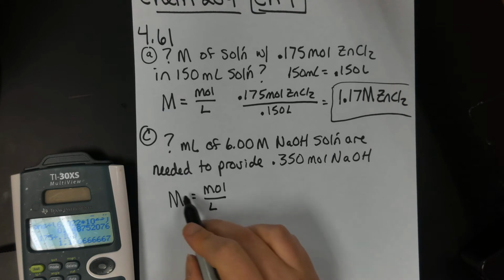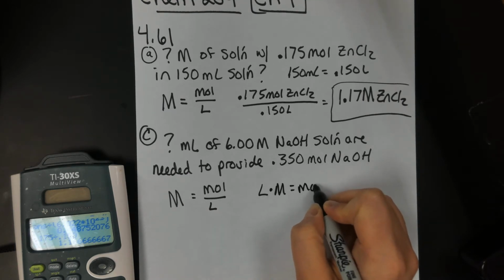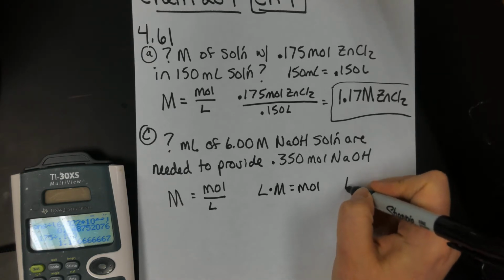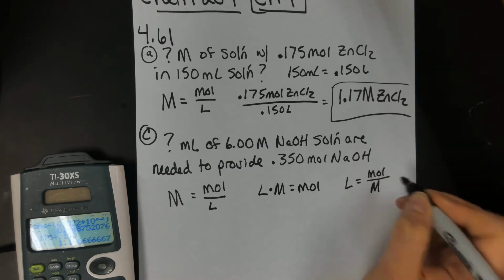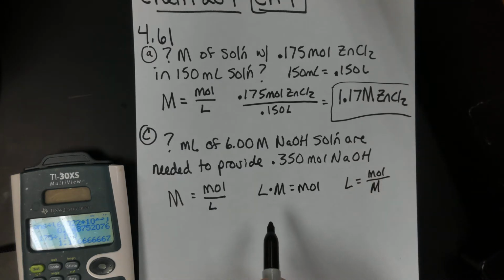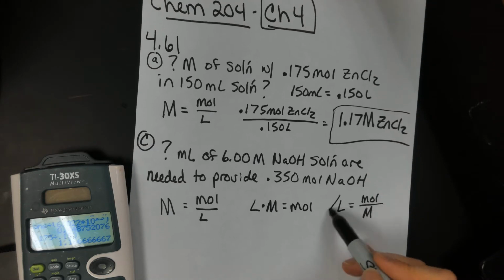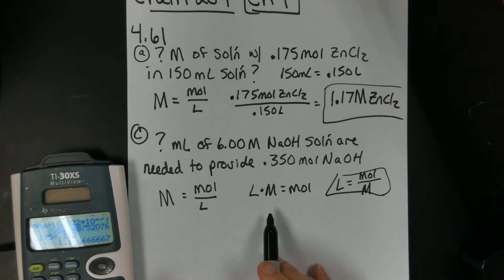You multiply both sides by liters, so you get L times M equals mole, and then you divide both sides by capital M. L equals mole divided by molarity. When we write this out, you will see that these units will actually cancel out. So liters is going to equal moles divided by molarity.